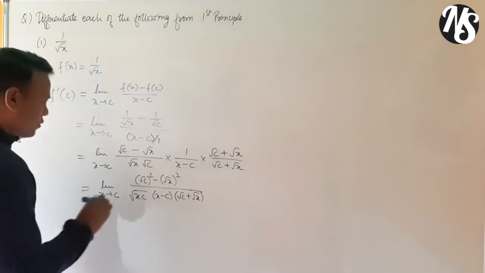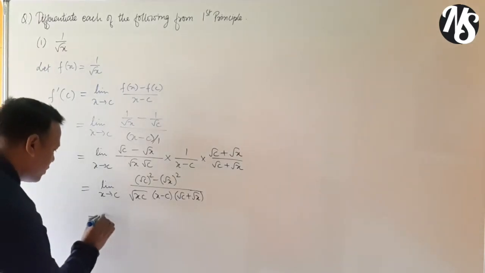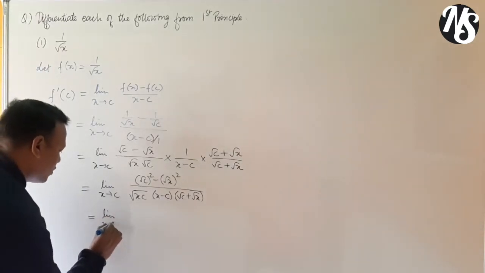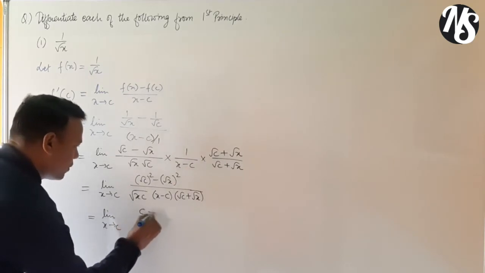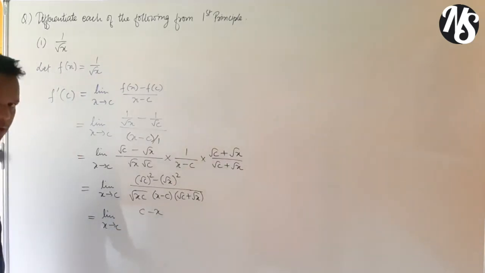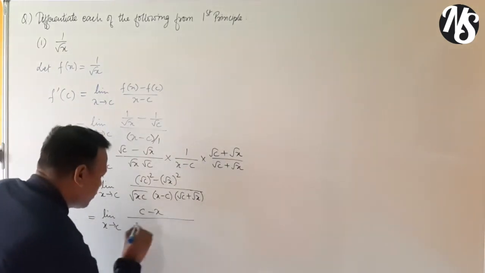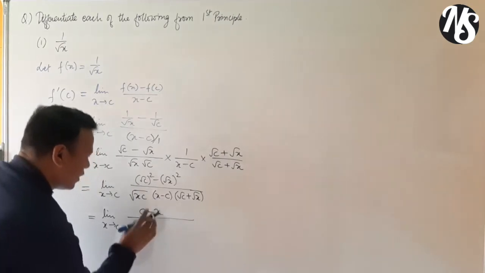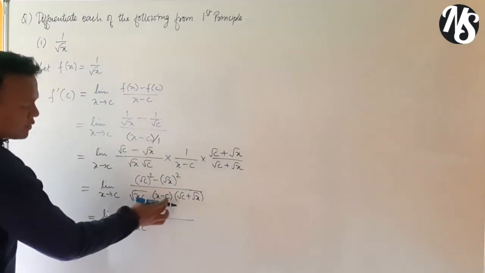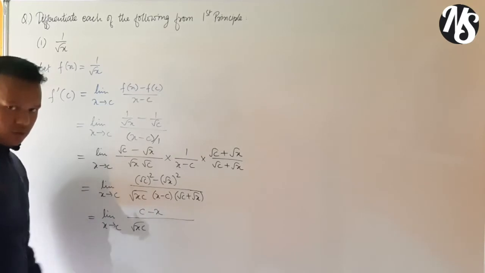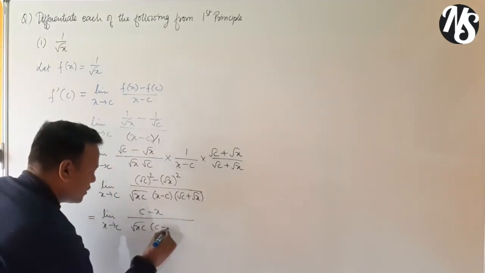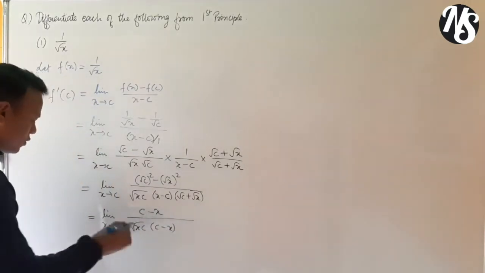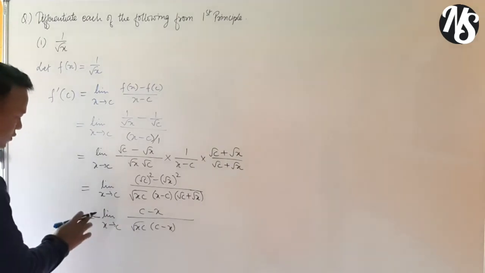Okay, now see here carefully. So this limit x tends to c. Now this is c minus x, right? Yes. Okay, so we have square root of x, c. Now here you have got x minus c, and if you take out minus common, then it becomes c minus x, isn't it? So that minus I am keeping it outside.